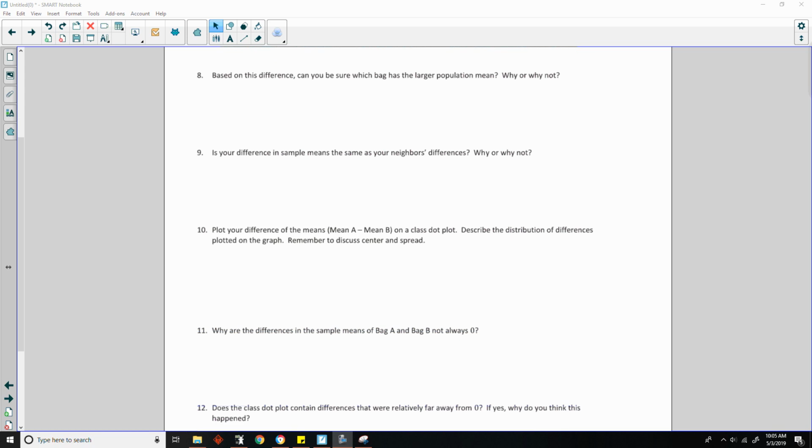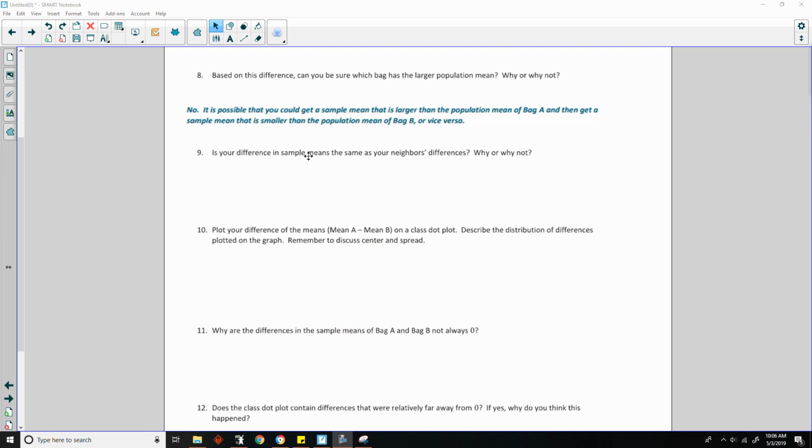All right. Number 8 says, based on the difference, can you be sure which bag has the larger population mean? Why or why not? And I would say no. It is possible that you could get a sample mean that is larger than the population mean of bag A and get a sample mean that is smaller than the population mean of bag B, or vice versa.